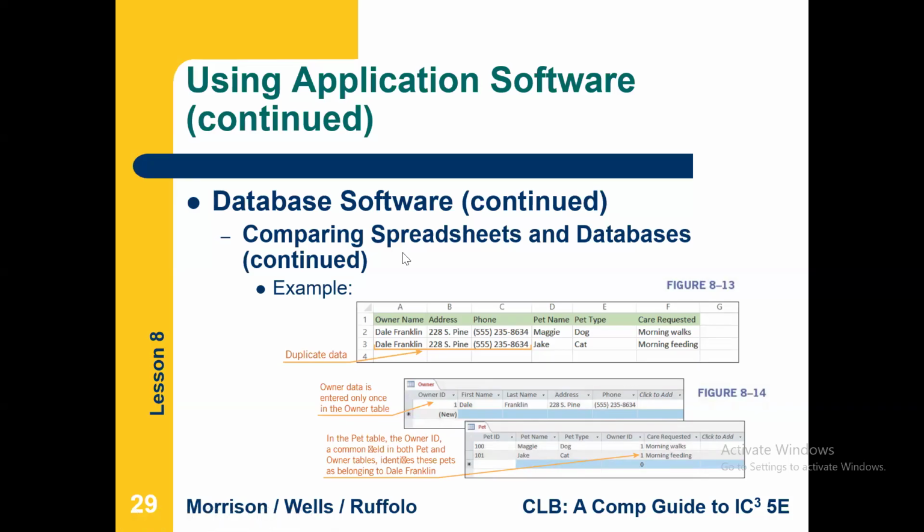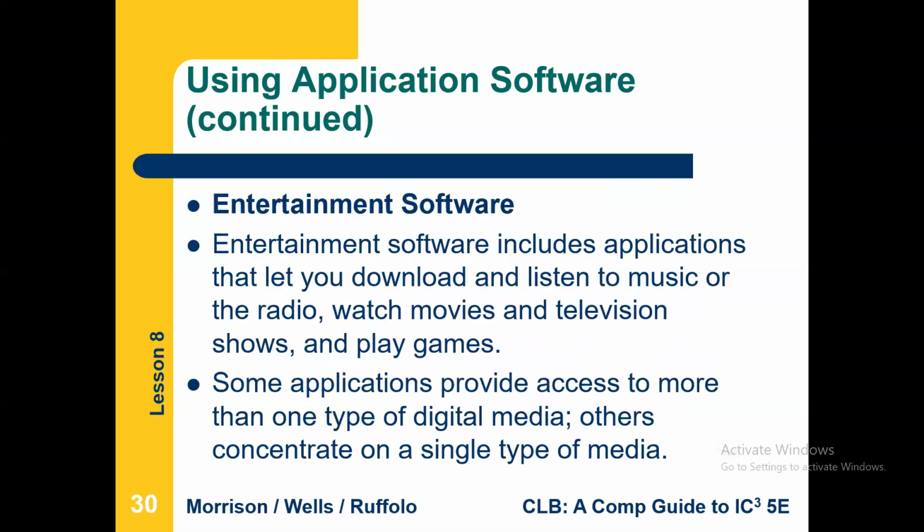So instead of entering Franklin there, the same address, the same number, I've done it only once by just repeating the index number, the owner ID here. Doing it that way helps you to manage your data in a very efficient way. As I said, we'll look at all these things practically when I come to Accra.